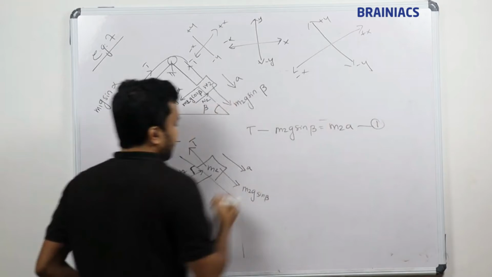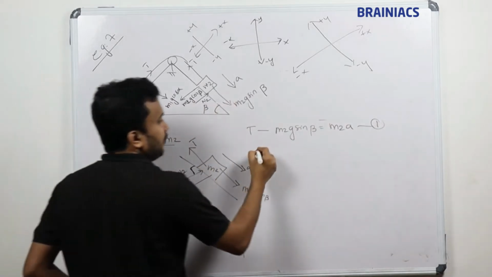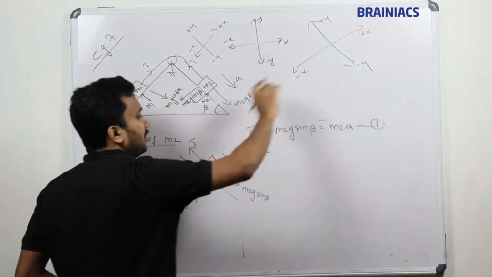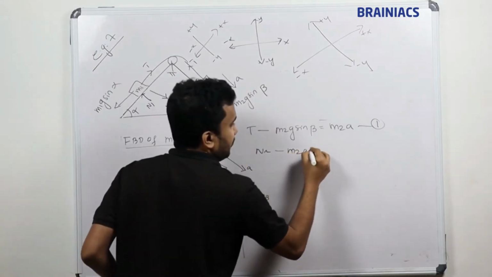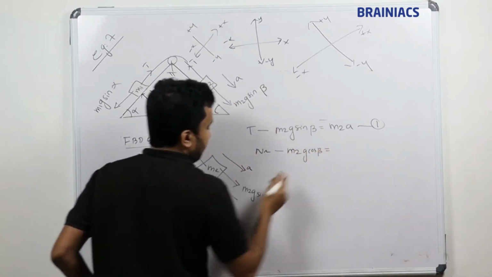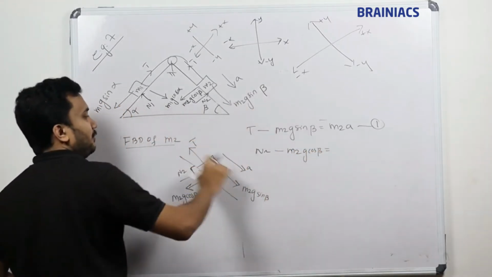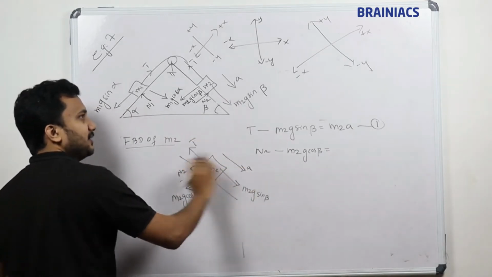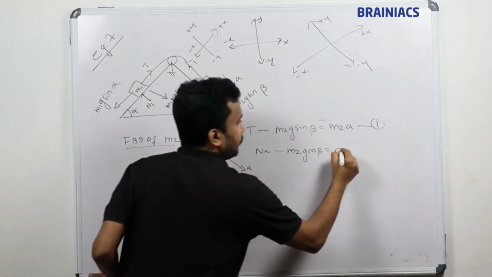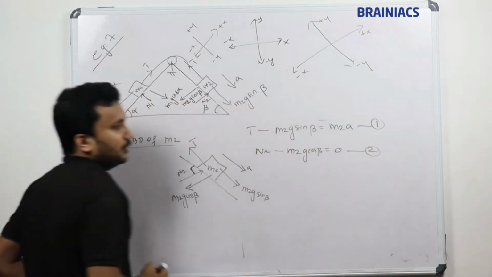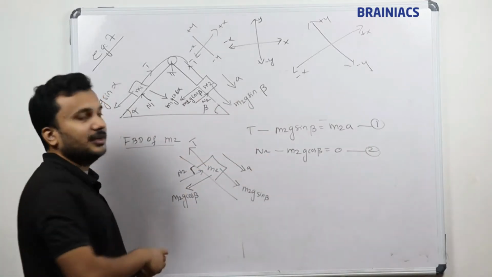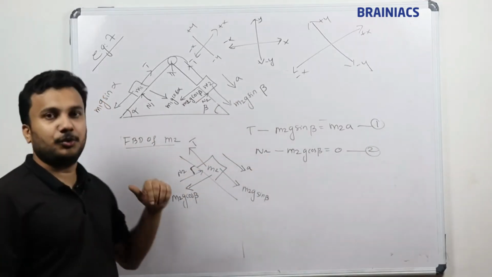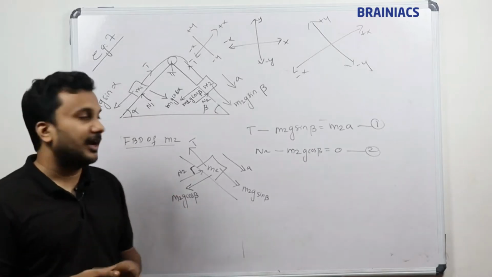And the second equation: N2 is positive, N2 is going upside, so N2 minus m2g cos beta, and the block is not moving in this direction. The block is accelerating only in this direction, with no acceleration in this direction, so it is equal to 0. Two equations will be here. You can solve these two equations with the two equations from the free body diagram of M1, and you can find the value of tension.